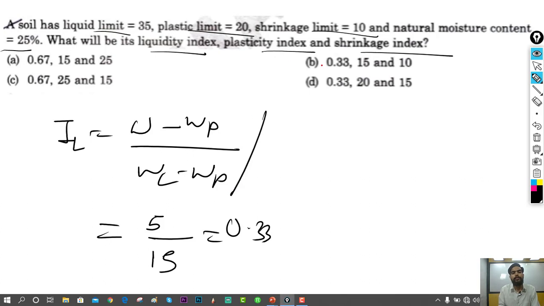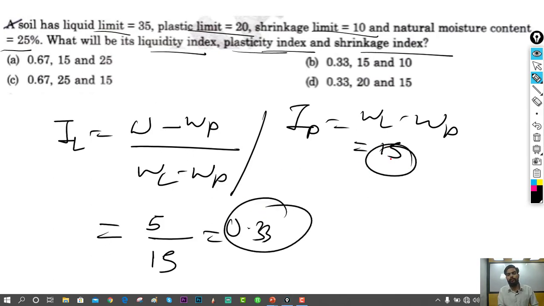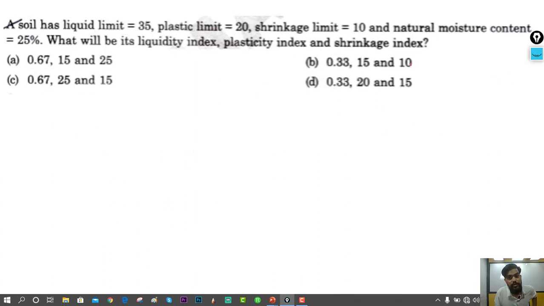And the second is plasticity index. Guys, plasticity index is WL minus WP. So WL 35 minus 20 is 15. So now match these two values with the options. The first option is 0.67, wrong option. C is wrong. D is 0.33 and 0.2, wrong. So our correct option is option B. So we can say that option B is the right option for this question.